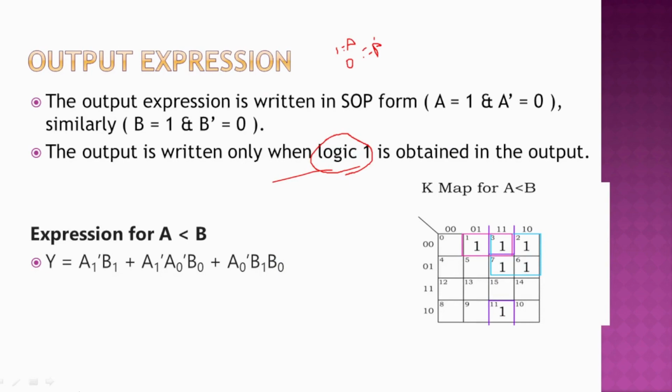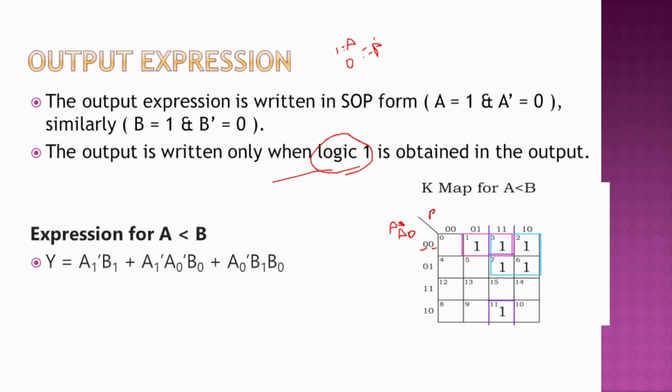This value is mentioned with A1, consider the first value as A1. So this value will be A1 and the second value will be A naught.